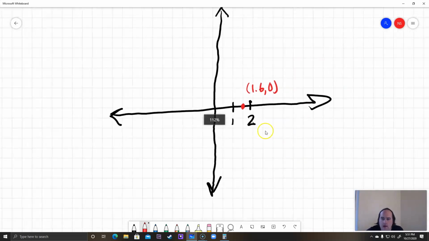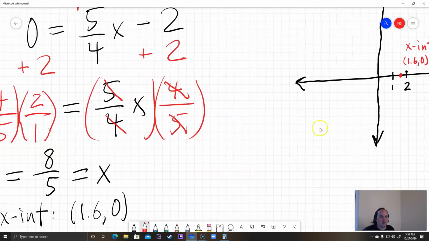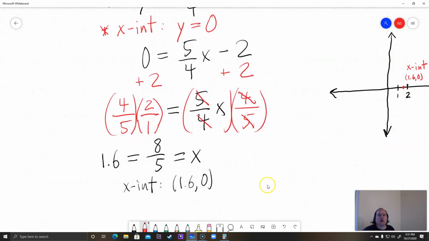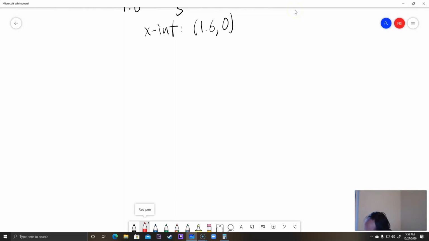Okay, and then to finish this, we still have to find the y-intercept. So let's go ahead and find the y-intercept. To find the y-intercept, we're going to set the other variable equal to 0. So this time we're going to set x equal to 0.